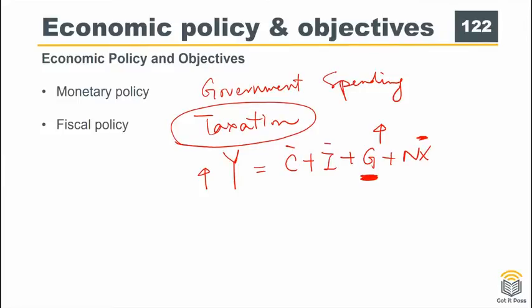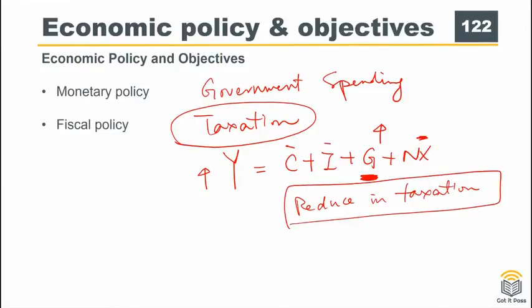Okay, so one way is to increase government spending to increase the output of the economy. The other way is the reduction in tax. Reducing taxation is an incentive to push up consumption and investment.